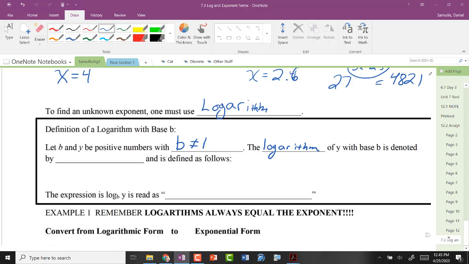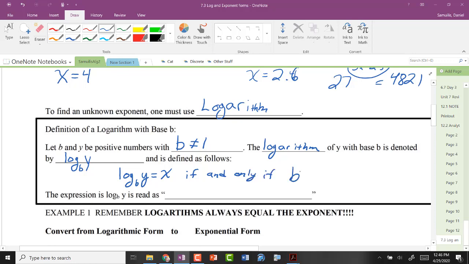Anywho, the logarithm of y with base b is denoted by log subscript b of y. Here is how you're going to go from exponential to logarithmic form. Log base b of y equals x if and only if b to the x equals y.